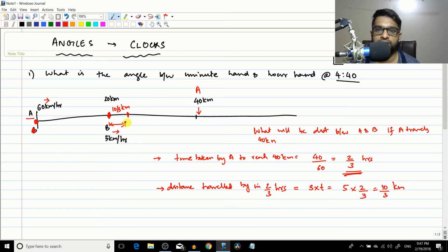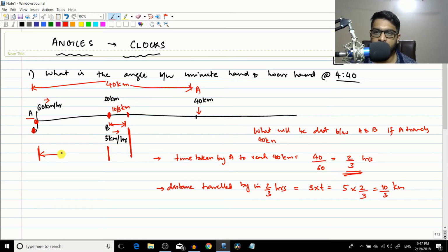So what is the distance between A and B now? Let us see all these distances. A is at 40 kilometers. And what is B's position? B is in this position. Till here it is 20 kilometers because it had a 20 kilometer lead, and additionally it traveled 10 by 3.